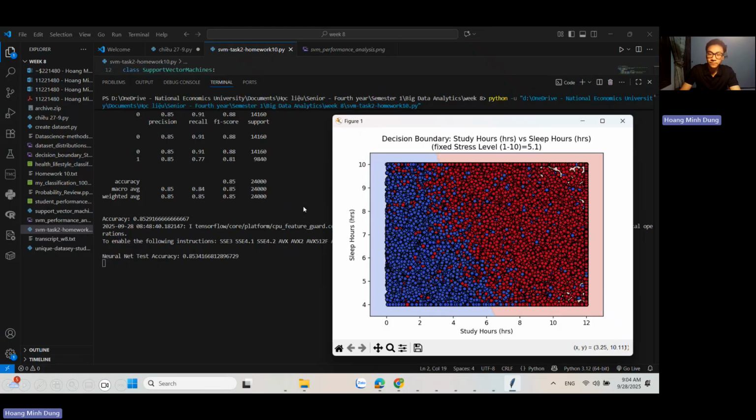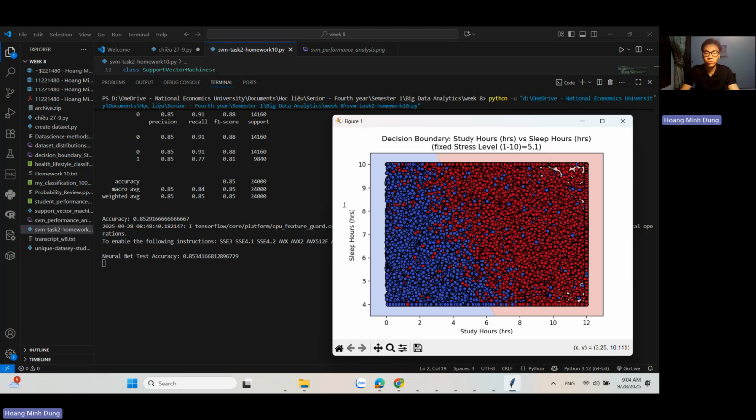Here is the visualization of the 2D decision boundary. This graph provides a 2D visualization of the model's decision boundaries. It plots study hours against sleep hours.